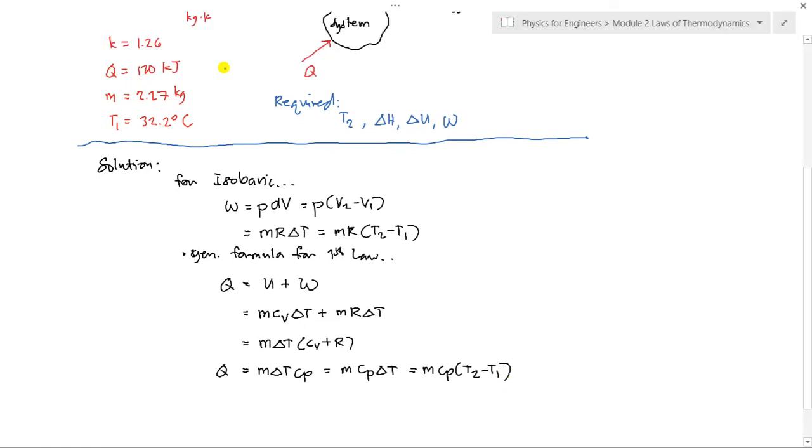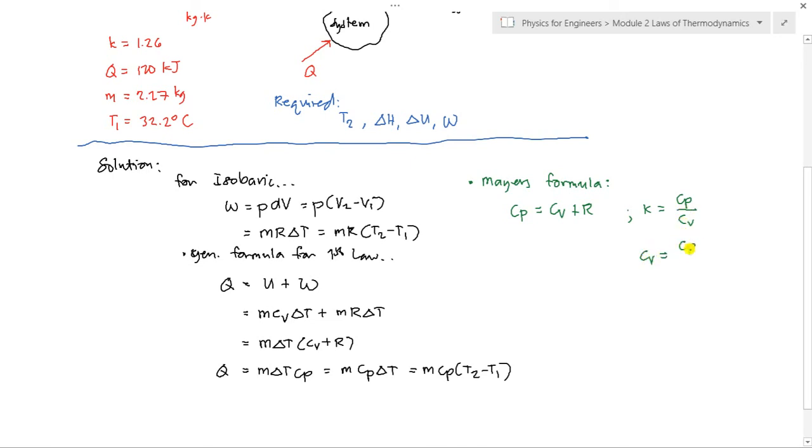Now going back to Meyer's formula, katong ganiha, because CV plus R is equals to CP raman gina siya. So CP is equals to CV plus R. Now we all know that the K, the specific heat ratio, is just equal to CP over CV. Mao na siya definition sa K. So we can solve CV in terms of CP.